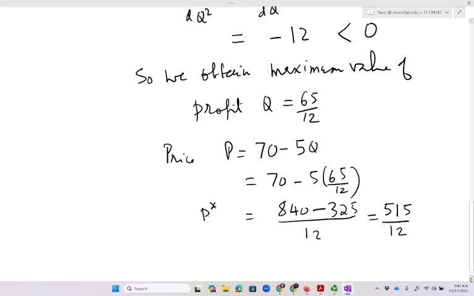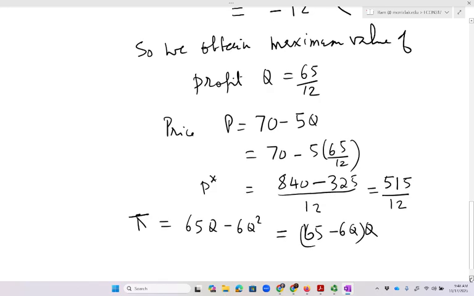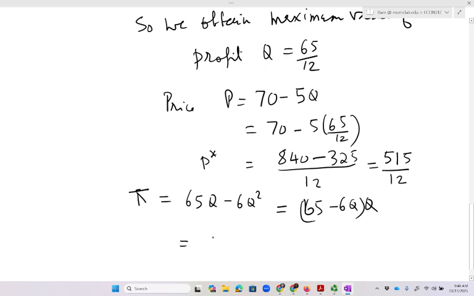I will write it separately at the end, but now let's go ahead and find out the profit, which is 65Q minus 6Q square, or I could also write it as 65 minus 6Q times Q, just to simplify the calculations. And so here I have 65 minus 6 times 65 over 12, that's the quantity, times 65 over 12.